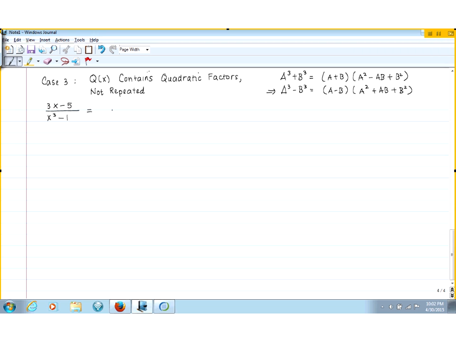Now this is x cubed minus 1, so I'm going to use the second formula.